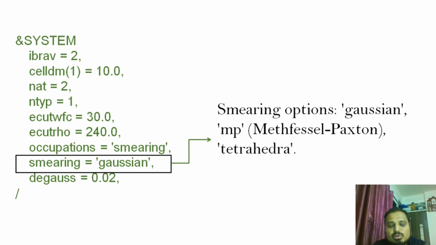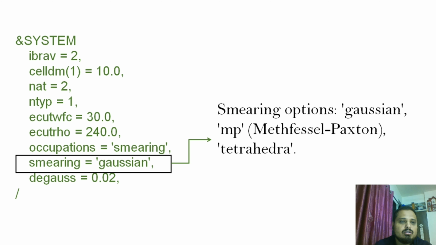There are three techniques we use for smearing: first is Gaussian, second is MP, and last is tetrahedra. Next parameter is degauss. This parameter tells how much broadening is used for the occupation of electrons near the Fermi level.